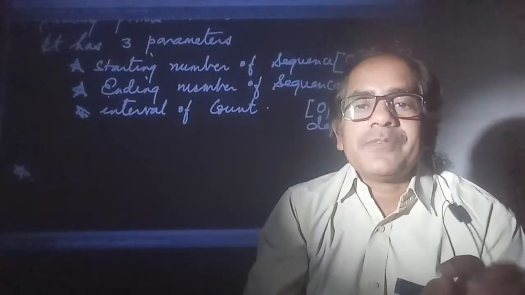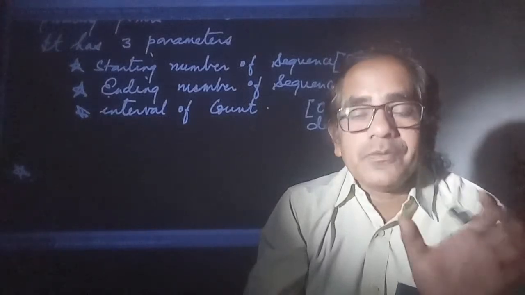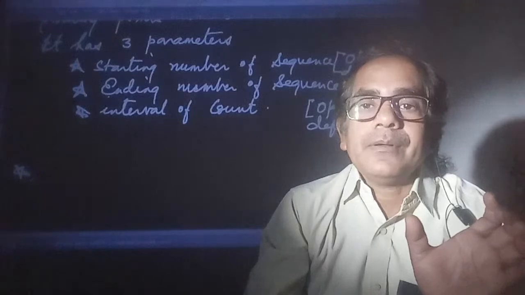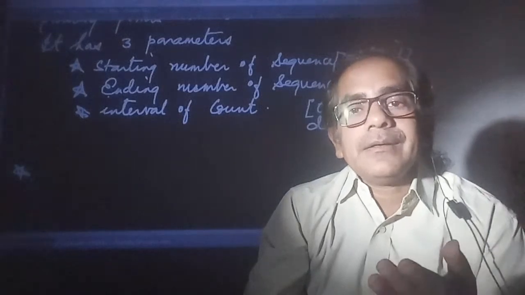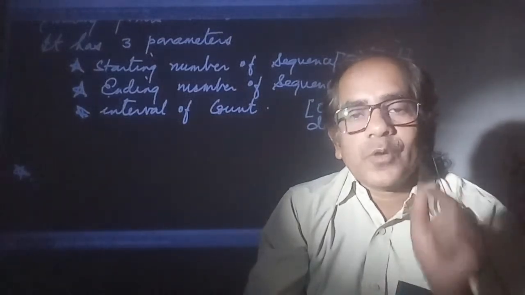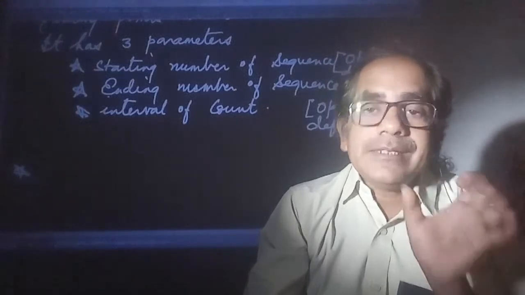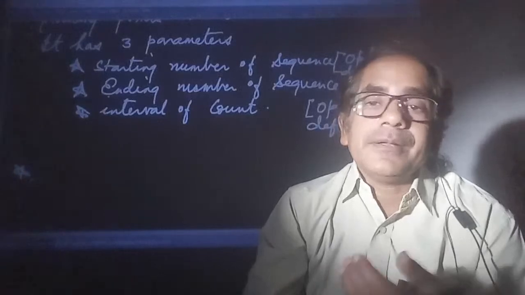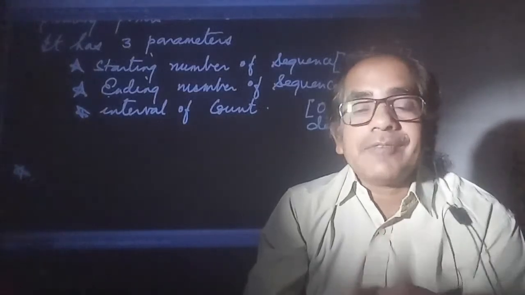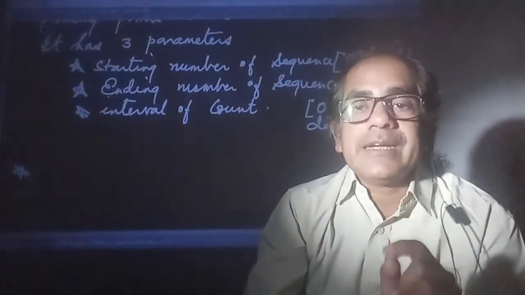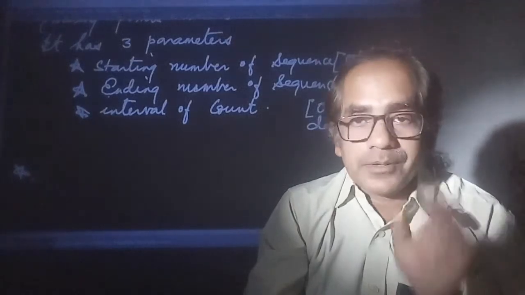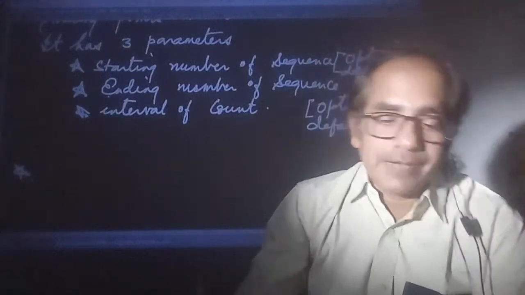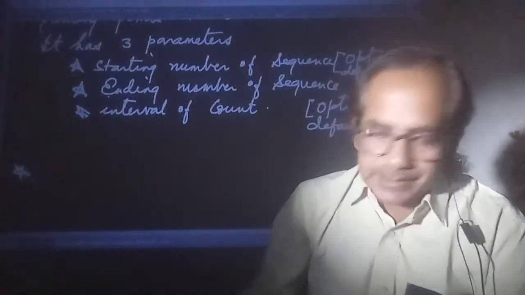Once you specify the limit and the number of items you need to generate, the interval is declared or found out by the function itself. The function is linspace.